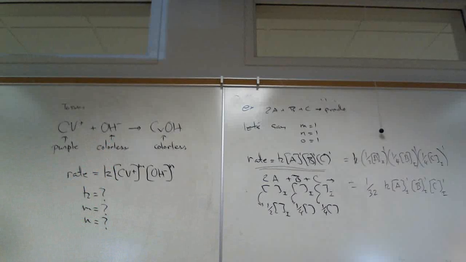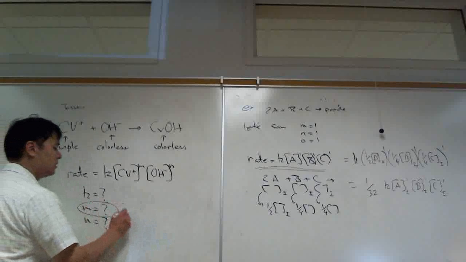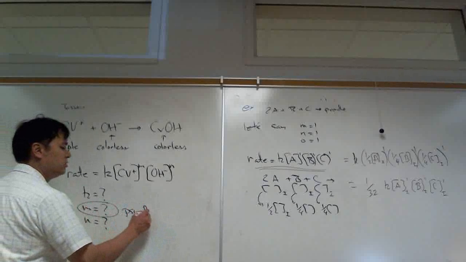All right, now how can I figure out what M is? Tell me an easy way to figure out what M is. We just make it pseudo M order. How do I do pseudo M order?